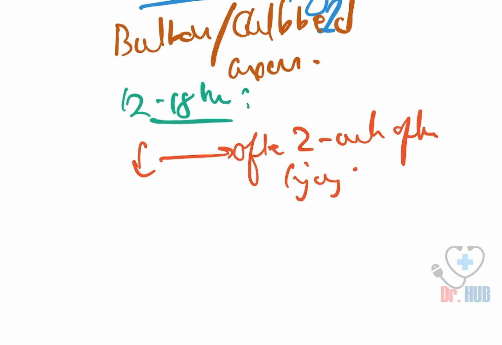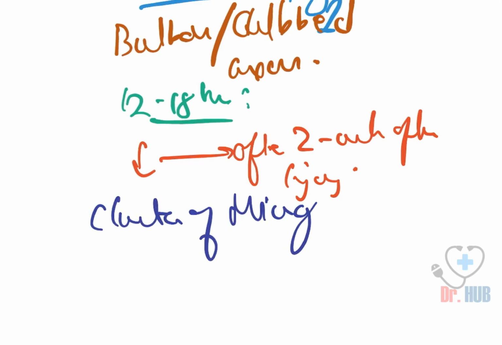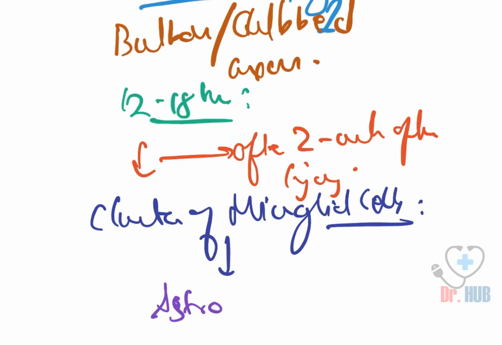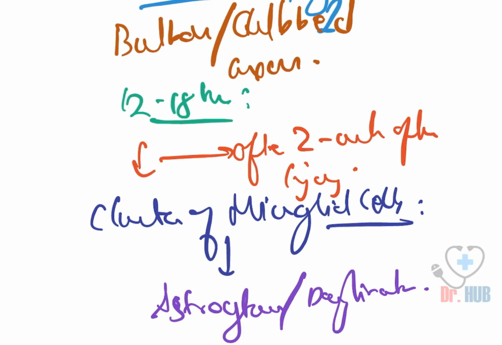And a cluster of microglial cells appear, followed by astrocytosis and demyelination.